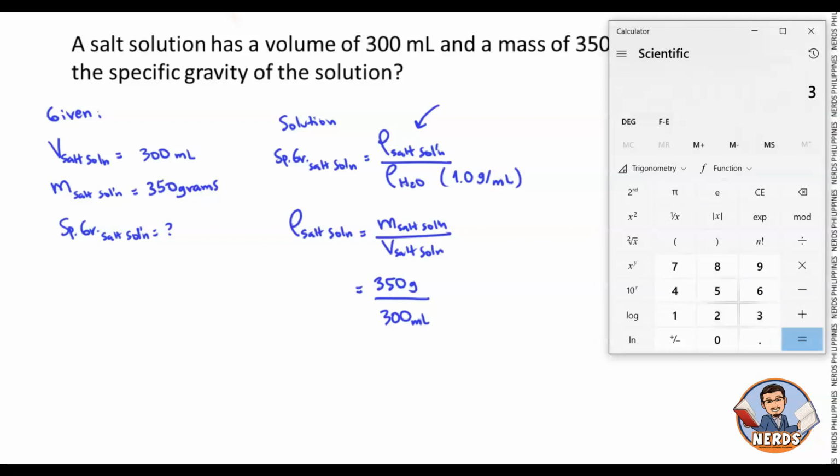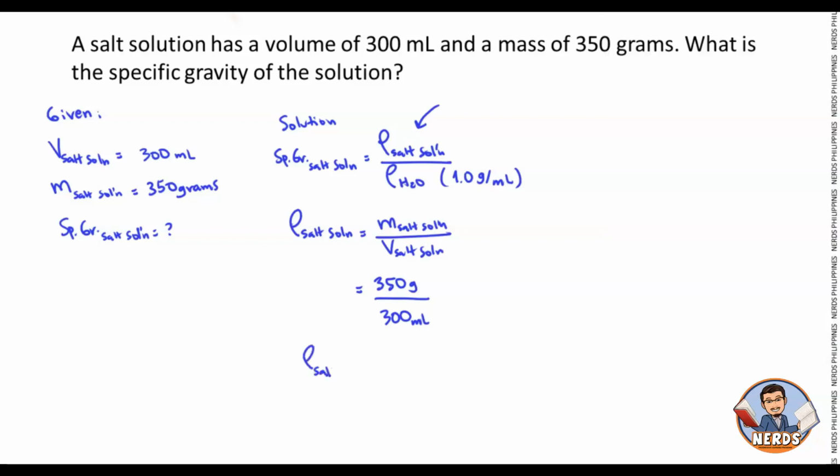So, let us divide. We have 350 grams divided by 300 milliliter, which is equal to 1.167. Okay? So, we have here density of the salt solution is equal to 1.167 grams per milliliter. Okay? So, kunin na natin yun yung specific gravity gamit itong nakuha nating equation kanina.